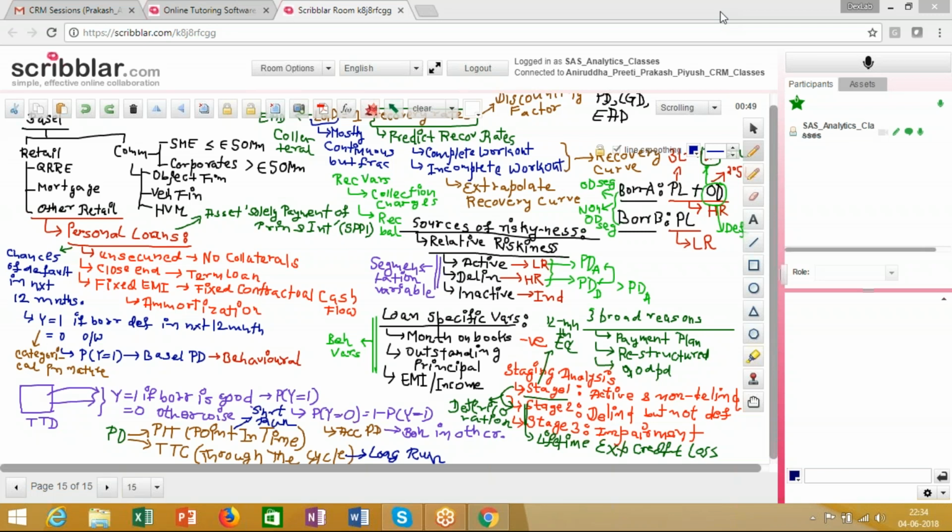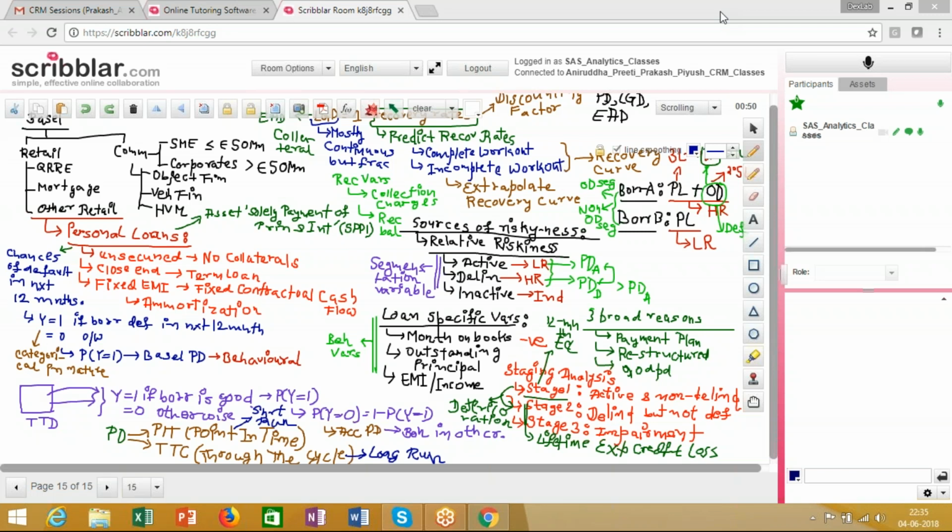So this is a very temporary measure of PD and it keeps on changing with changes in the macroeconomic scenarios. However, if I incorporate all the macroeconomic scenarios and develop a model using very long term data in my system, then that PD which changes in the macroeconomic situation is known as a point in time PD.